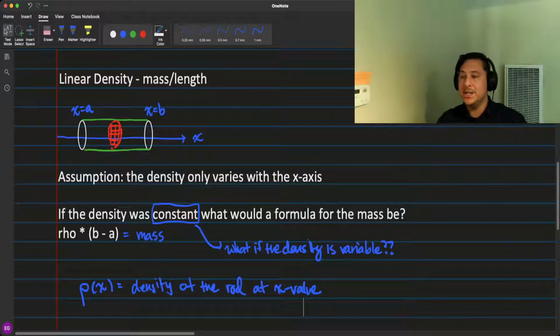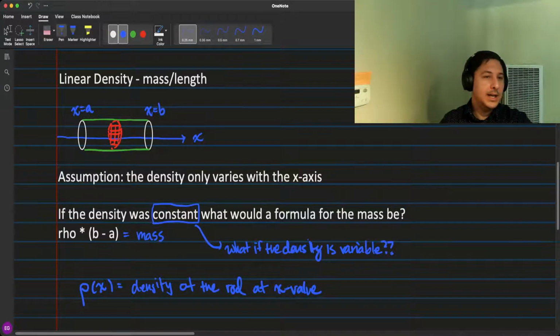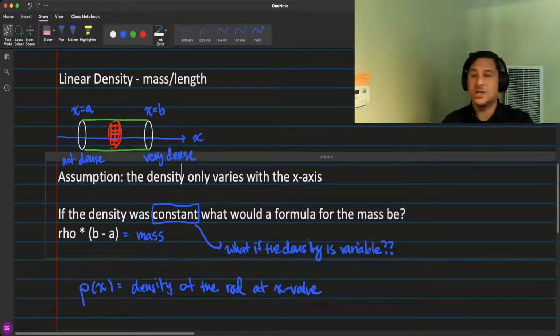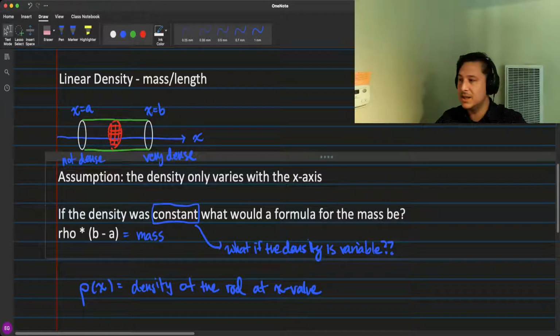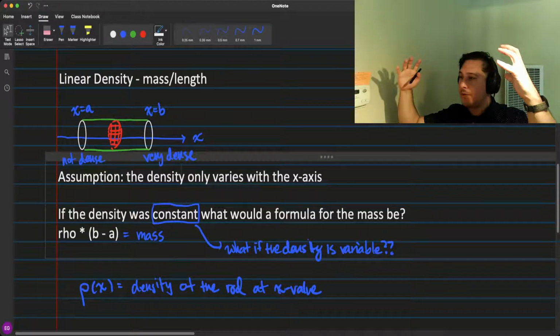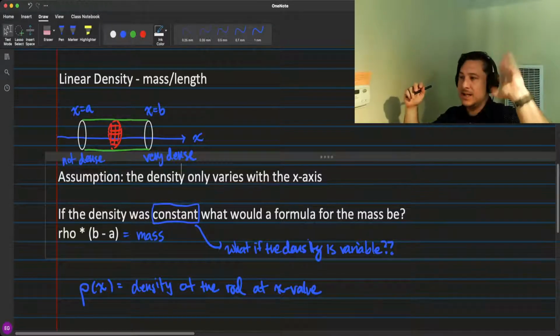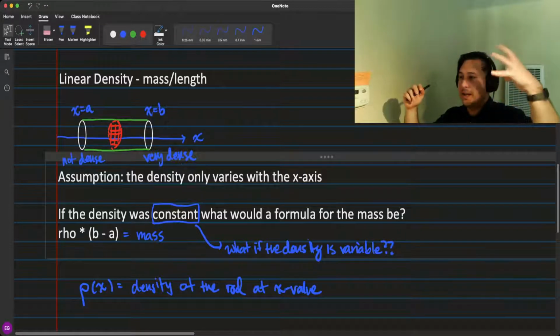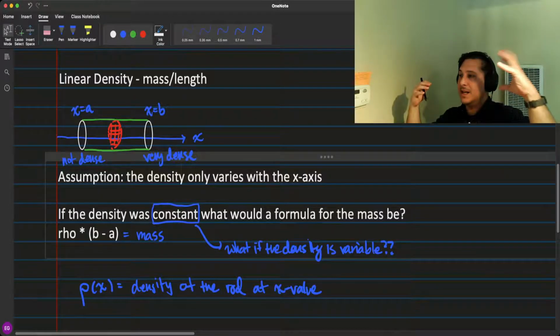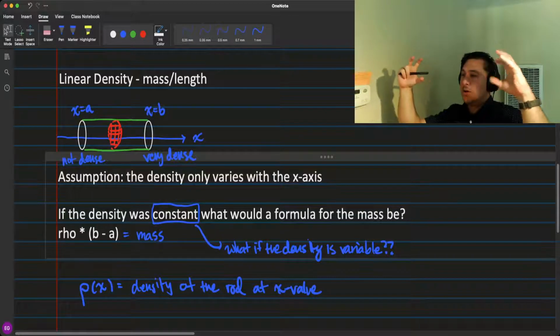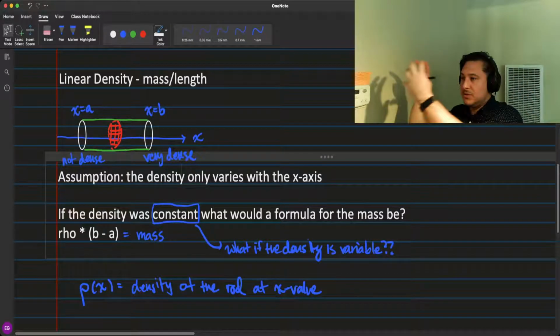So you can imagine maybe the rod begins really not dense on this end, but as you head to the right, it ends up being very dense. I'm not sure how you would actually make such a thing, but does it make sense that you could have a rod where on one end it's not very dense, somehow they make the metal lighter, and then as you move along the rod there's more and more metal used in the same area, so it becomes more dense?